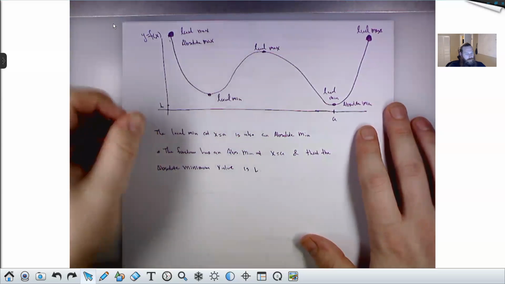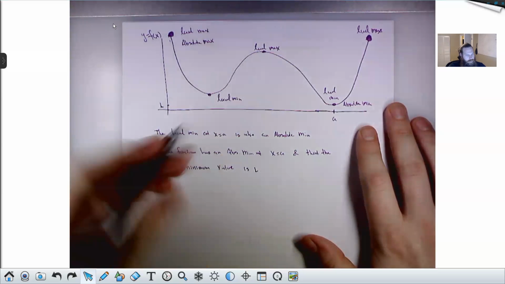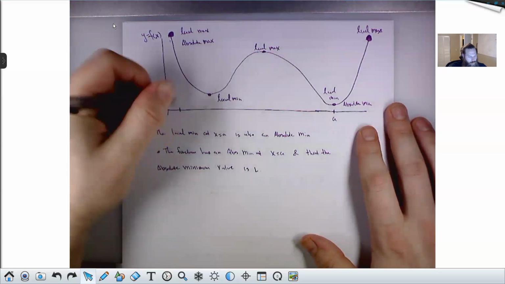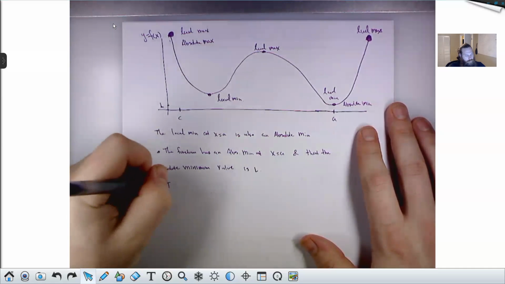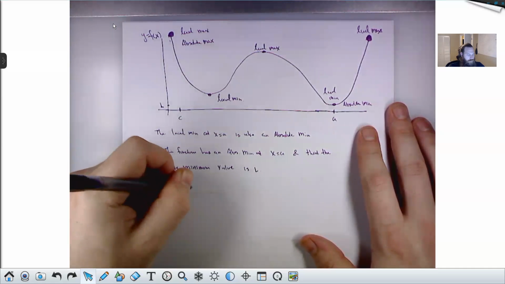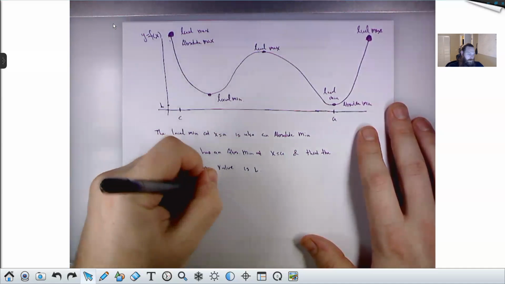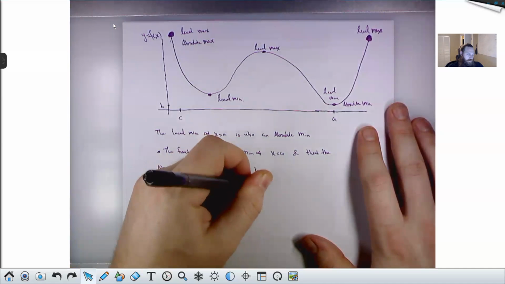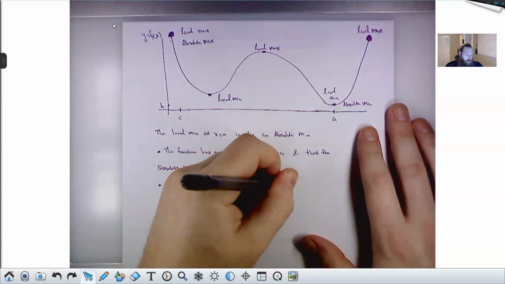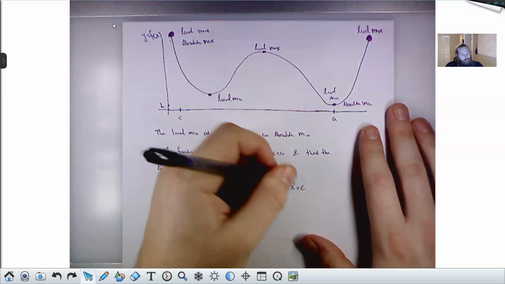So I could say the function has an absolute min at x equals a. And if I call this over here, I don't know, x equals c, then I could say the function has an absolute max at x equals c.